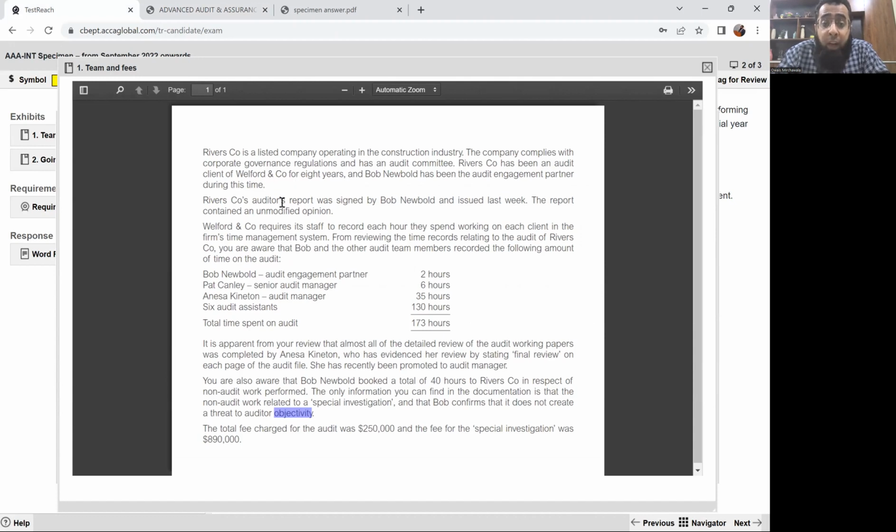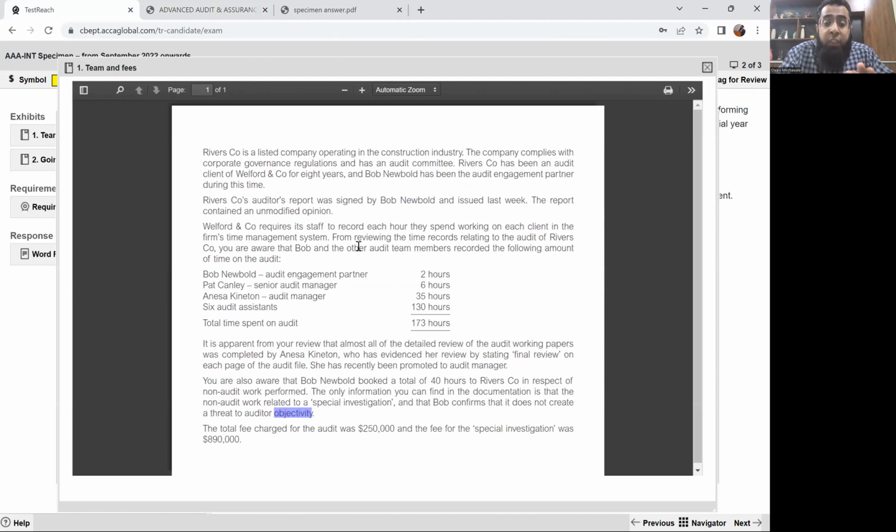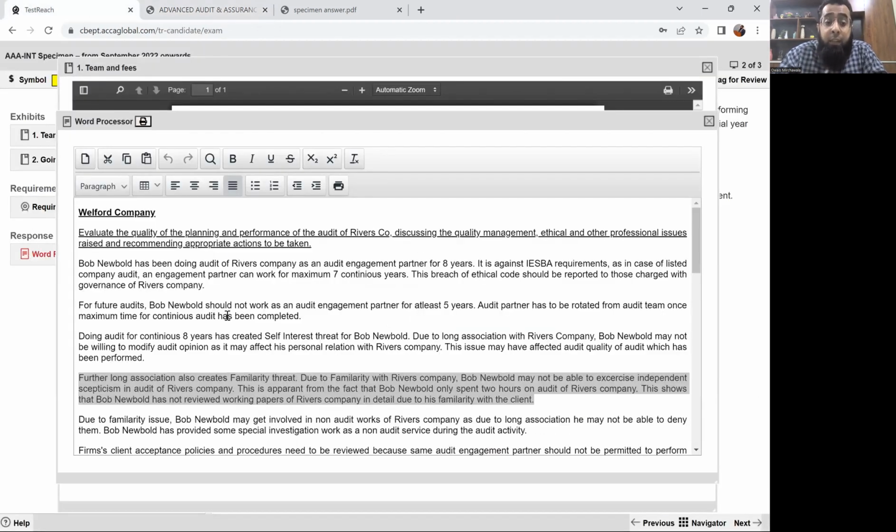In these 2 paragraphs relating to the long association, he wrote this paragraph 1 and this paragraph 2. Because this third paragraph is on the hours spent on the audit, considering the hours recorded and the timesheet. This timesheet matter is included here. So in the first 2 paragraphs relating to long association, he gained 6 marks. Now let's see how we drafted in the previous class. We referred to the familiarity issue.